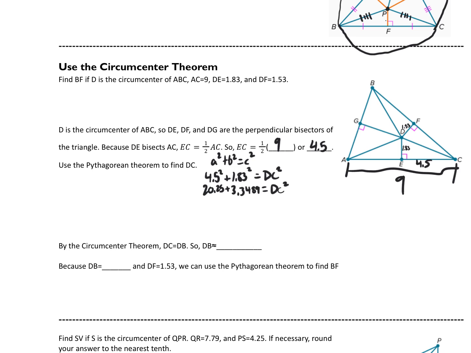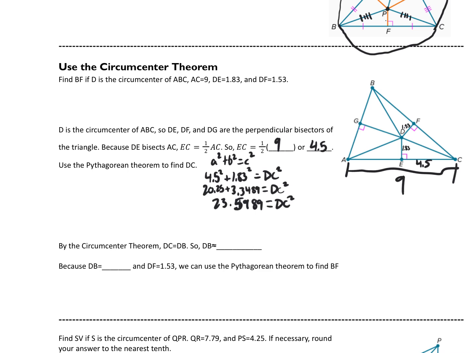So if I added both of those things together, I get 23.5989. And that equals DC squared.